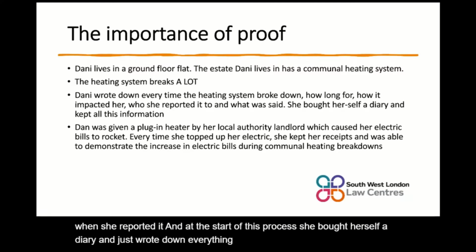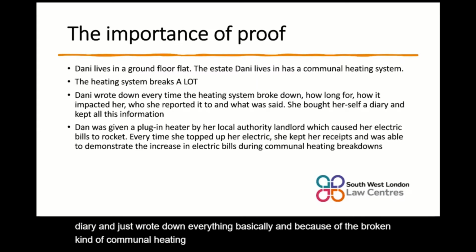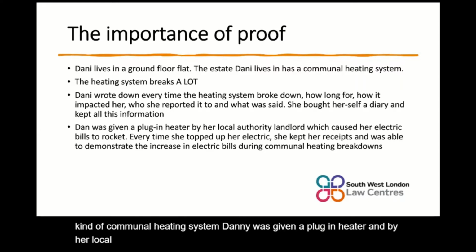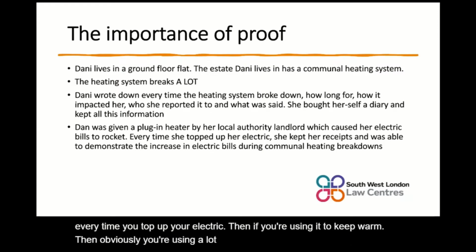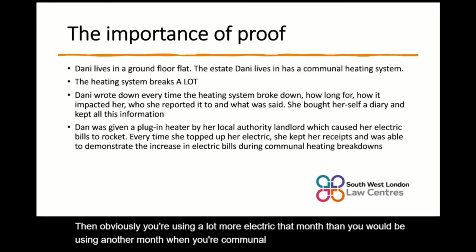So at the start of this process, she bought herself a diary and just wrote down everything basically. And because of the broken communal heating system, Danny was given a plug-in heater by her local authority, and this can cause your electric bills to rocket. So every time you top up your electric, if you're using it to keep warm, then obviously you're using a lot more electric that month than you would be using another month when your communal heating was working.